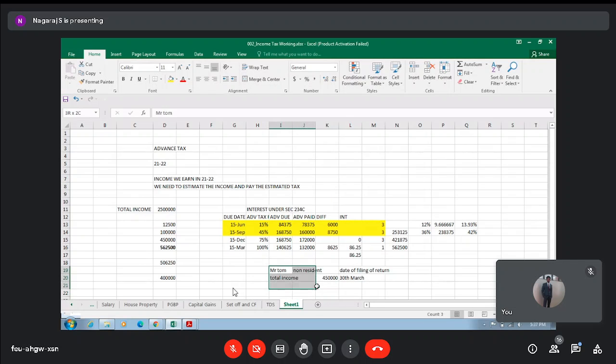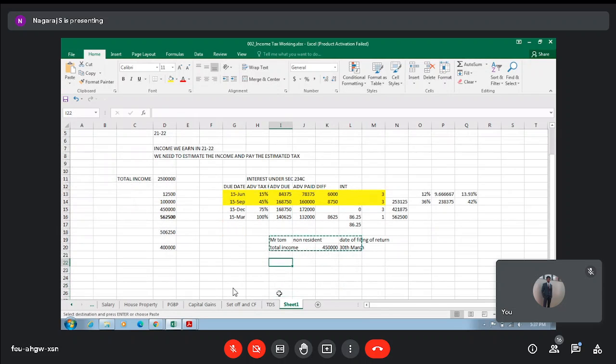And Mr. Modi, non-resident, total income 5,10,000, filing the return on 31st March. What is the late fee under section 234F in these two cases?